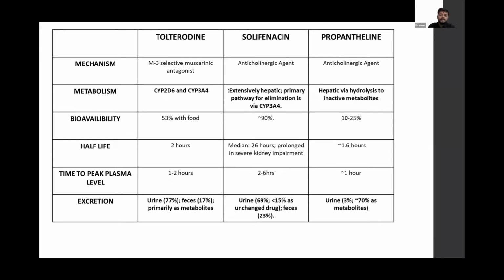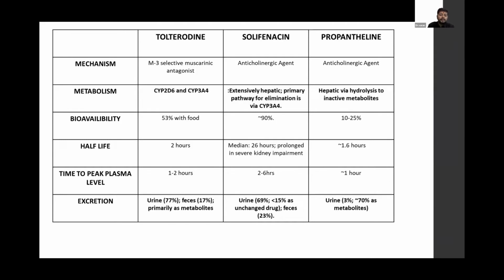Tolterodine, solifenacin, and propantheline are also anticholinergic drugs. Mechanism: tolterodine is mostly M3 selective, while solifenacin and propantheline have no specific receptor selectivity. The metabolism is mainly by CYP2D6 and CYP3A4 for tolterodine and solifenacin, and propantheline is metabolized in the liver by hydrolysis to an inactive metabolite.